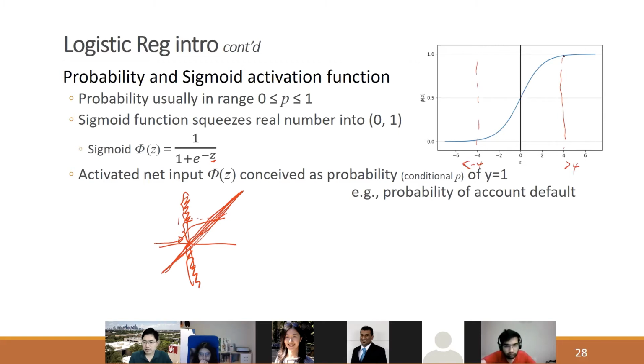The value is going to be close to 1 or 0. It's never going to be exactly 1 or 0, but it represents the extreme end of the activated value. So that's all we care about. If the net input is greater than 4, we don't really care how much larger it is.